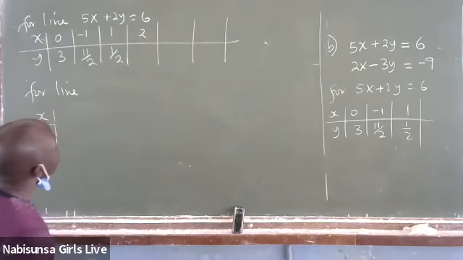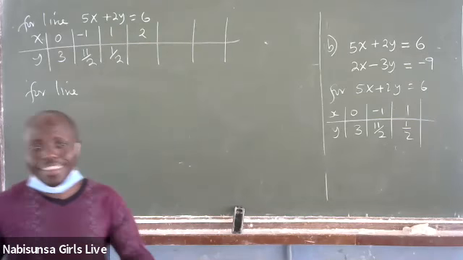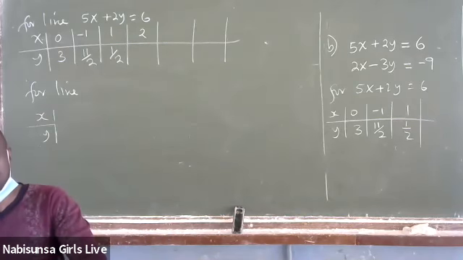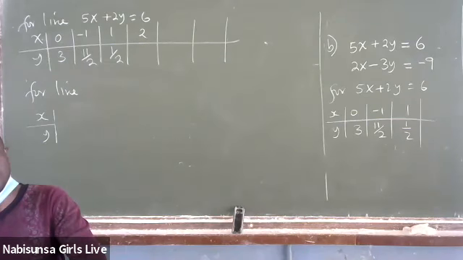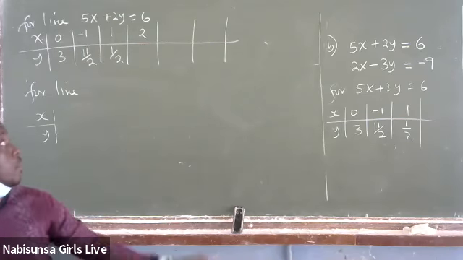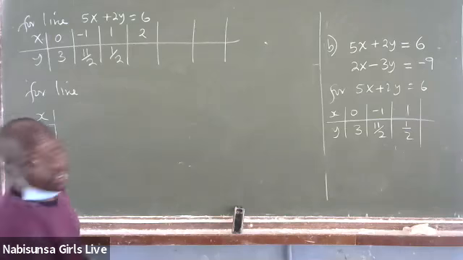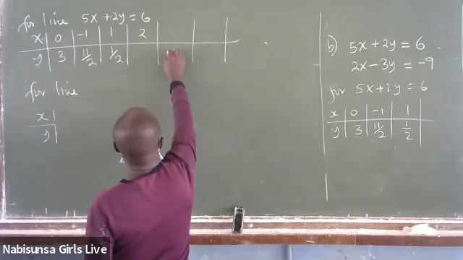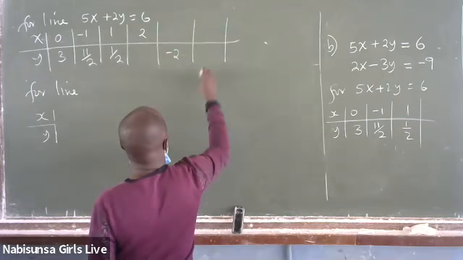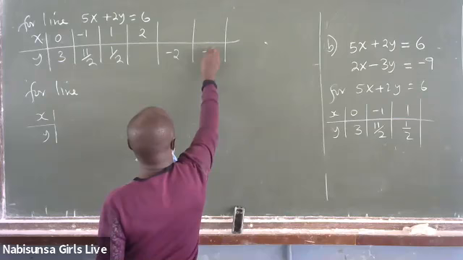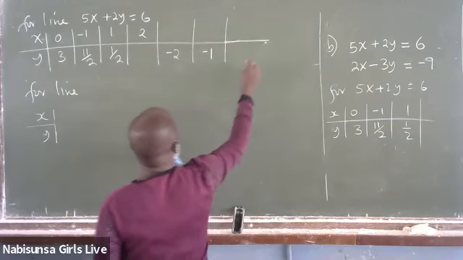Excuse me, teacher, my hand is up. Yes, please. For my coordinates, I use the ones for Y instead, to get X. So which Y did you use? I used negative 2, negative 1, and 1.